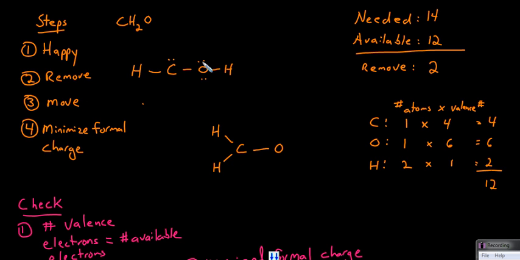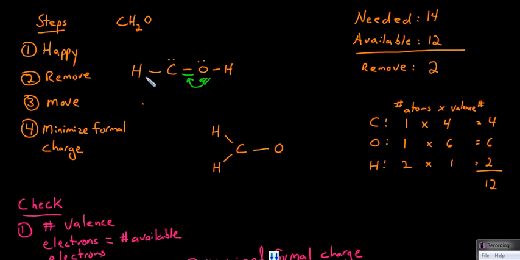Instead of just being on the oxygen, this pair of electrons can be shared by both the carbon and the oxygen. So go ahead and move those electrons in to form a bond, cross them out or erase them, and draw them in.